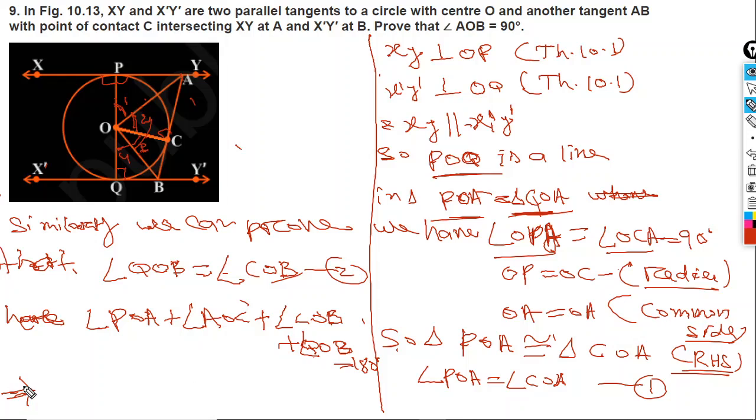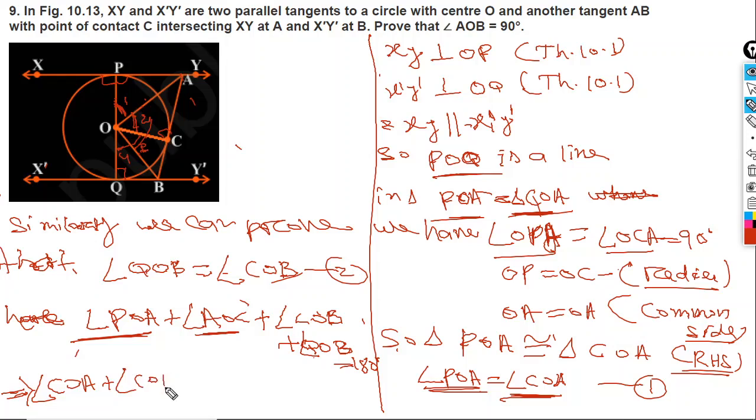Now you see angle POA equals angle COA. So instead of angle POA we will write COA. Angle COA plus AOC is the same. AOC is COA, the same.